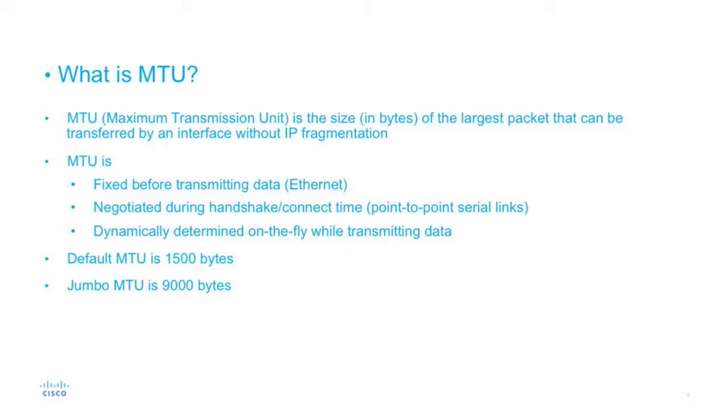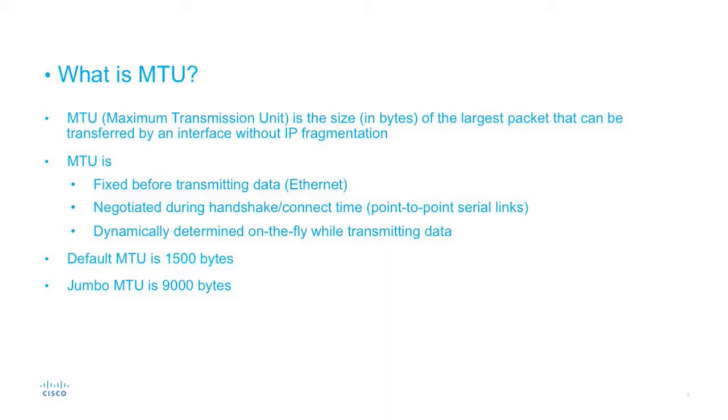So some routers don't know the MTU of the other end of the link, so it's going to ask what's your MTU when it negotiates the session. And some protocols actually can determine the MTU dynamically as the packet travels through the path. As the packet enters each interface, it's going to find out the MTU and then decide if it has to be fragmented or not.